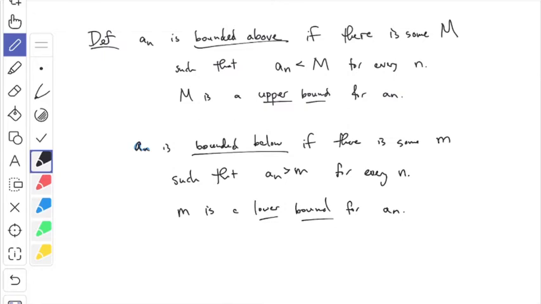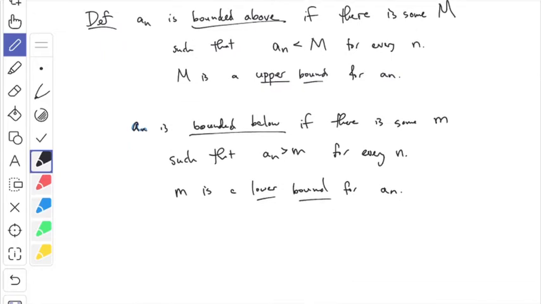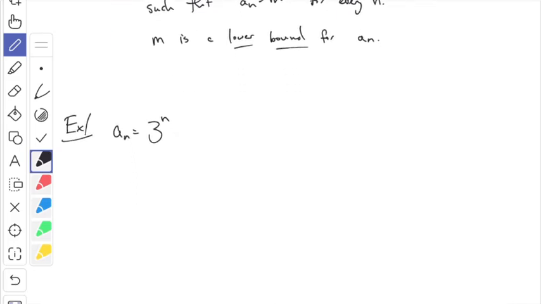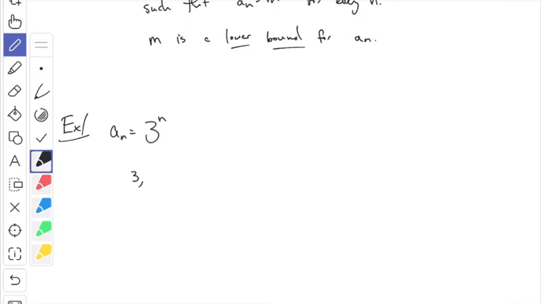For example, let's just talk about some simple examples. How about a_n equals 3 to the power n? The terms, of course, would be 3, 9, 27, 81, and then whatever the next power, the powers of 3, right?